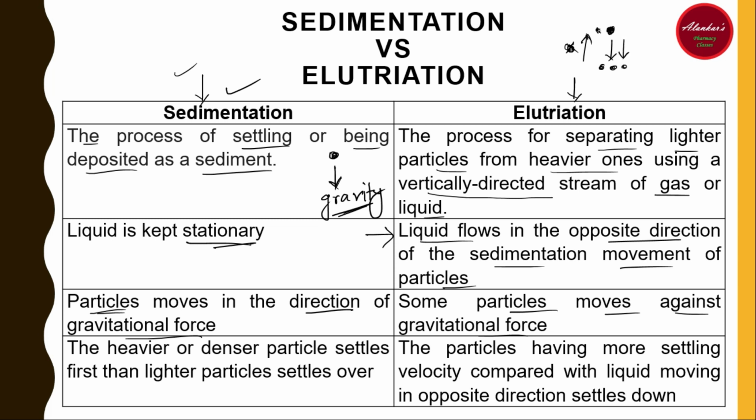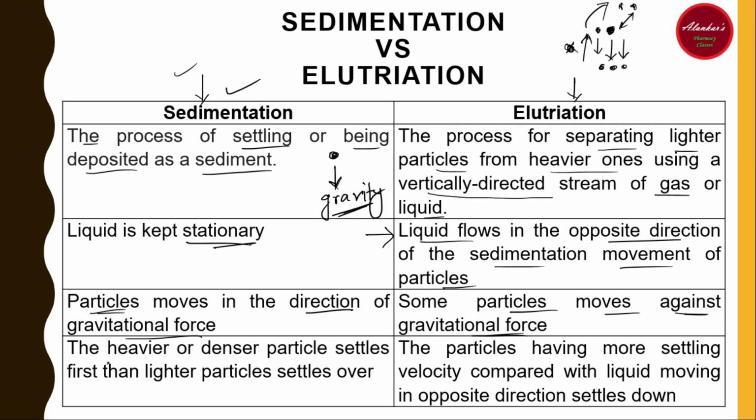But the lighter particles, having less velocity as compared to the vertically moving liquid, will be trapped by the molecules of the liquid and carried away by it. In this case, the lighter portion will be easily separated from the denser portion, and this is the basic difference between sedimentation and elutriation. That's why in such a case some particles move against the gravitational force.